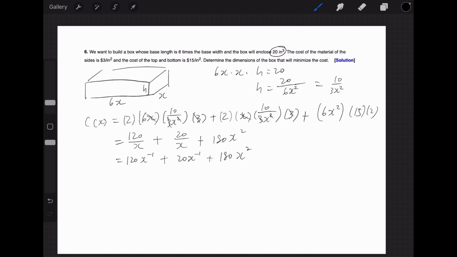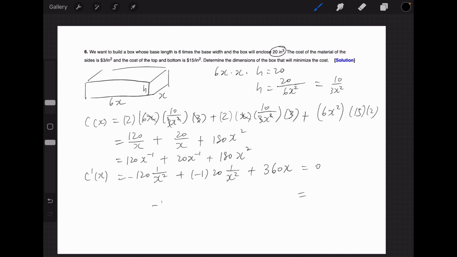If we differentiate the equation, we get minus 120 times 1 over x squared, because it's x to the power of negative 2, plus minus 1 times 20 times 1 over x squared, plus 360x. And we're going to set it to 0. The first thing we do is multiply both sides by x squared to cancel out the denominators.